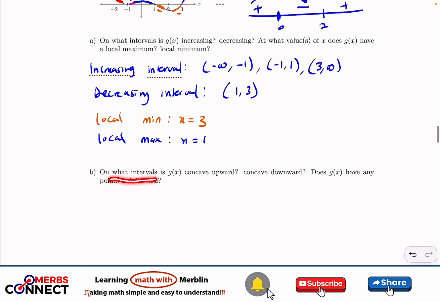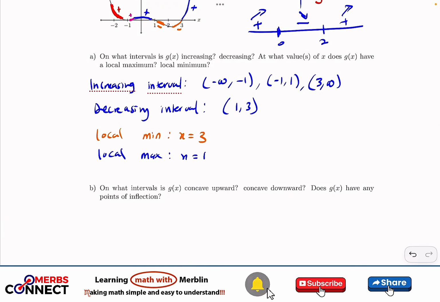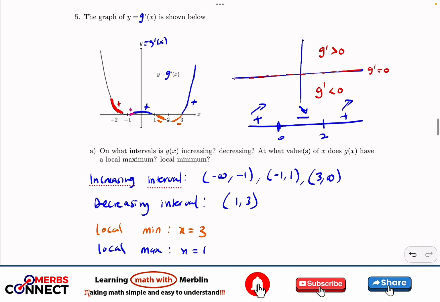Now, on what values is f of x concave up or down? Great. So now for us to talk about concave up and down, we need to think about this function as f, and you are looking for f prime.